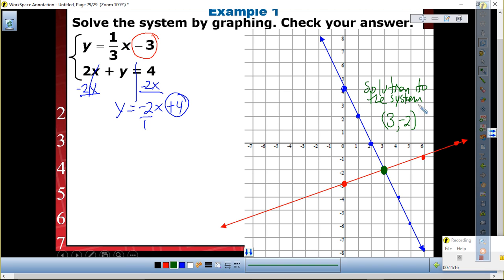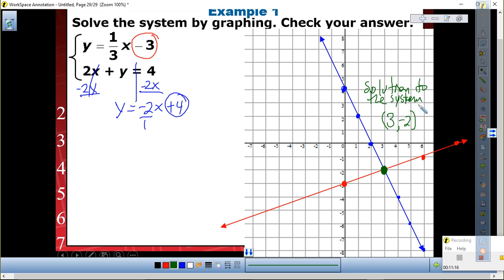So let me ask a question. What is the solution to the given system? Gio? 3, -2. Why? That's where the equations intersect, okay? What is the solution to that system, Caleb? The solution to the system is 3, -2. Why?